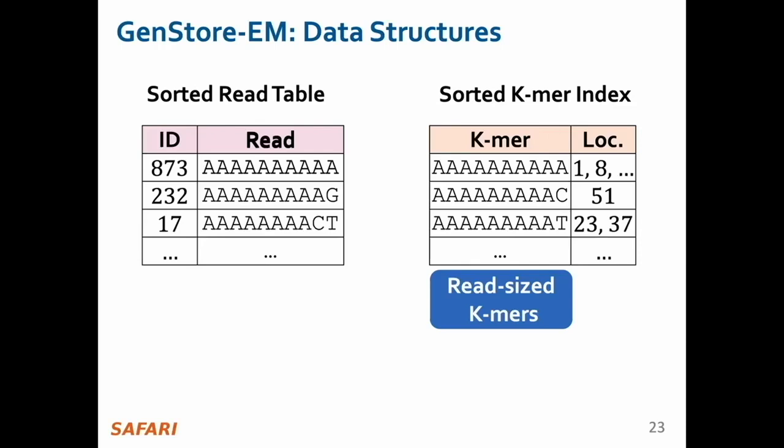Now we generate the same type of index, but this time with much larger k-mers, again extracted from the reference genome, with the locations of these k-mers in the reference genome. Each data structure is pre-processed and sorted, alphabetically in this example, based on the reads and k-mers in each table.